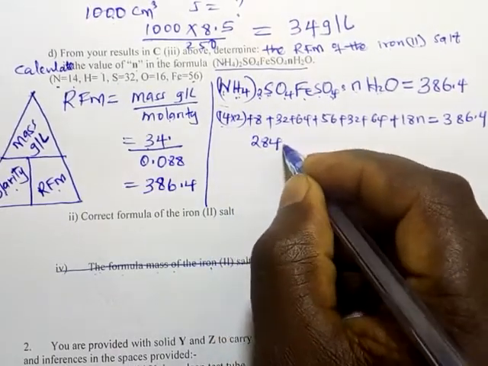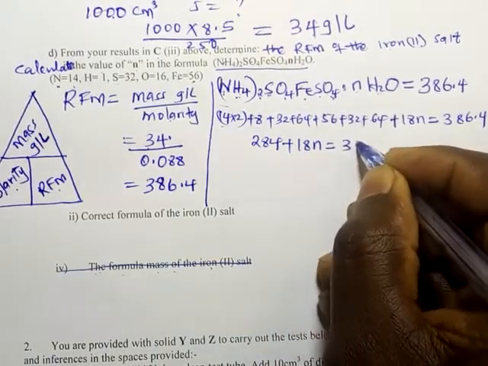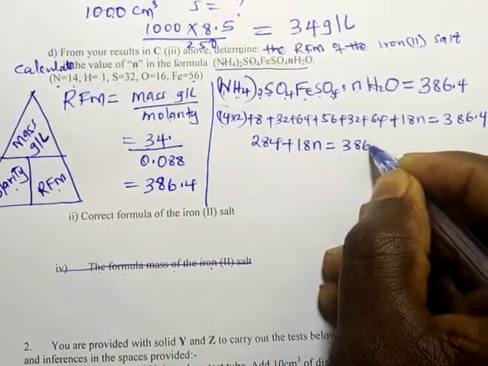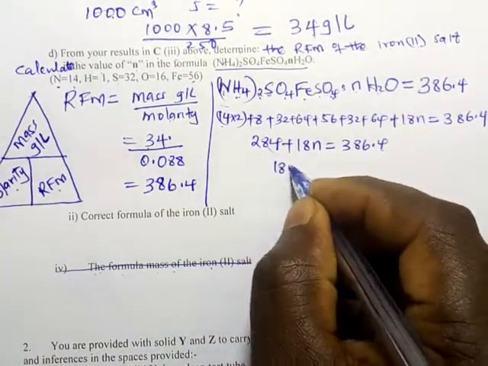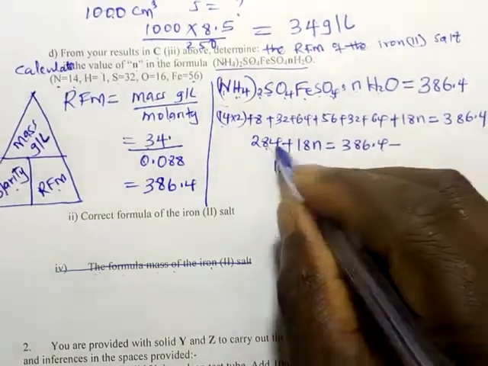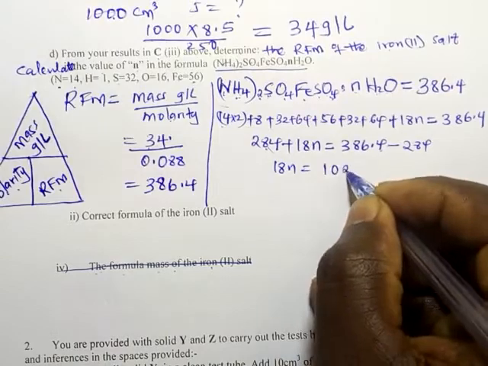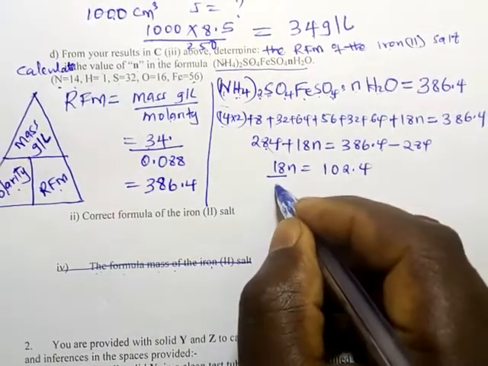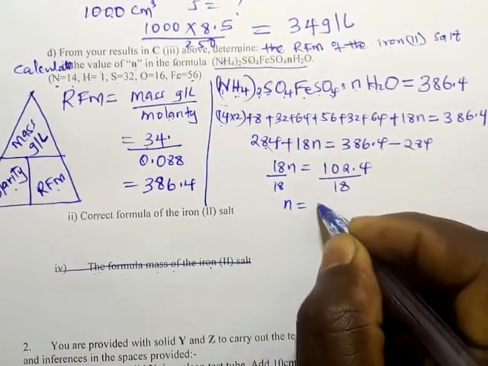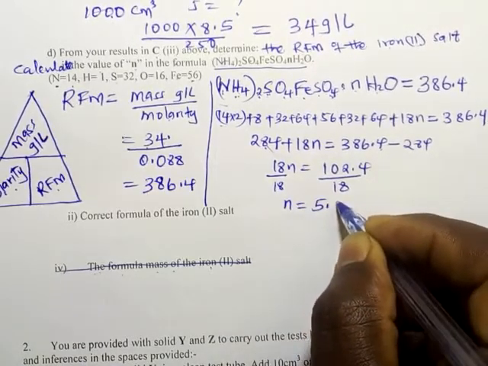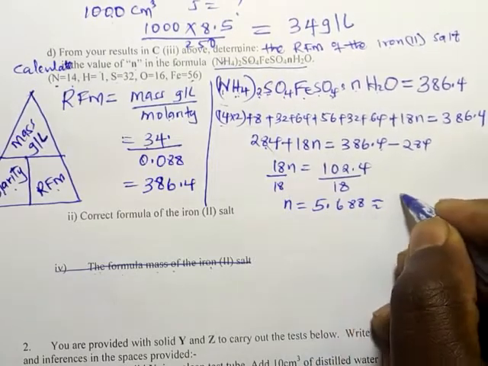Add everything here and you will get 284 plus 18N equal to 386.4. Like terms together: 18N is equal to 386.4 minus 284, which is 102.4. You divide by 18 and you find that N is equal to 5.688, which is equivalent to 6.